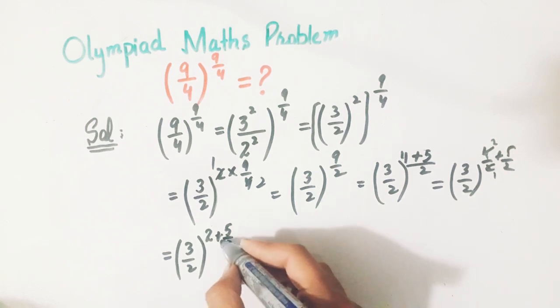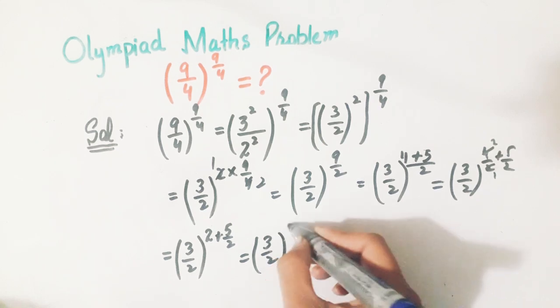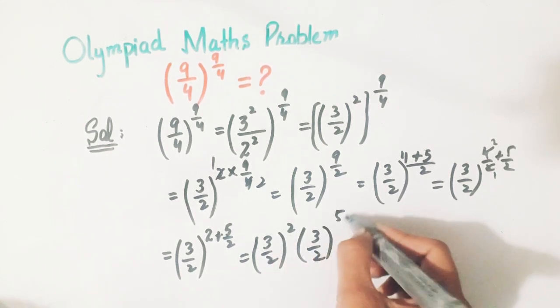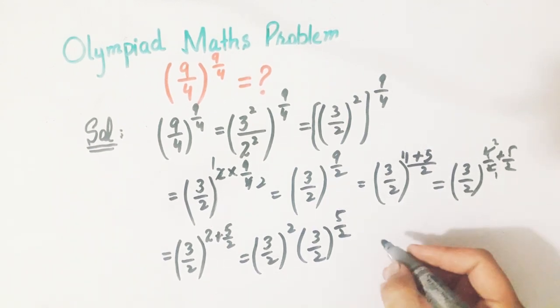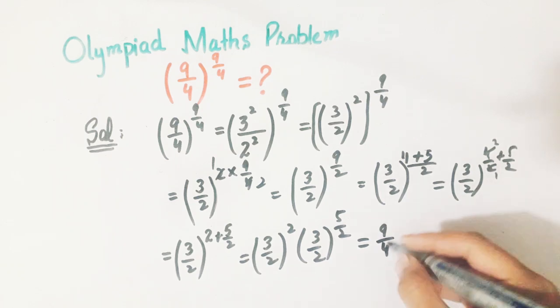Now when the powers are added, it means the bases are multiplied. So (3/2) squared into (3/2) to the power 5/2. Now 3 squared is 9 and 2 squared is 4.